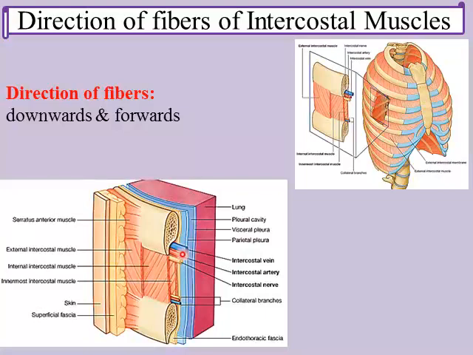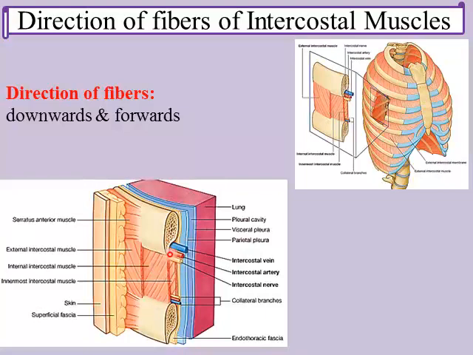If we look at the internal intercostal and the innermost, we will find them in an opposite direction. They lie perpendicular to it. So they run backward and downward. This means they arise from anterior and run posterior, downward and backward.